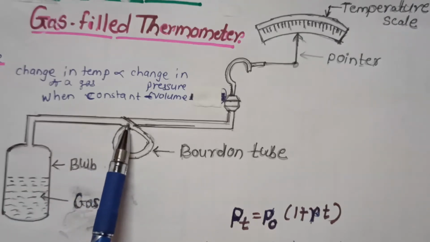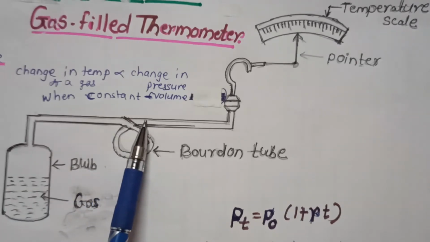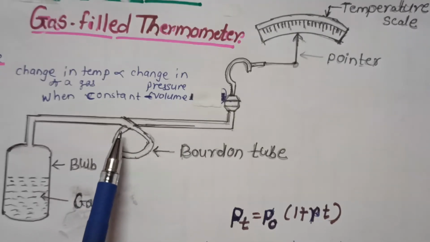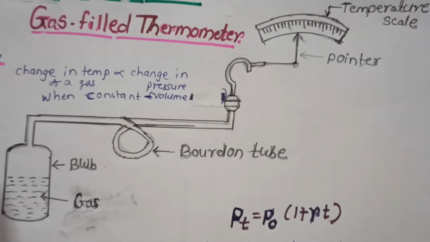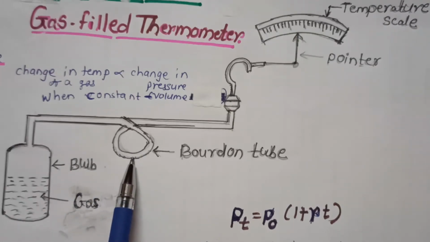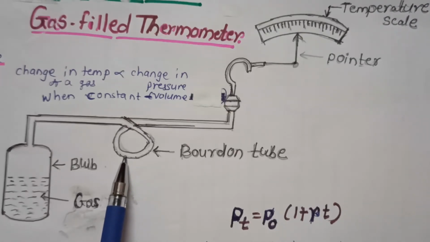This capillary is further connected to the Bourdon tube. This Bourdon tube is sensing device which converts pressure into displacement. This Bourdon tube converts change in pressure into displacement.